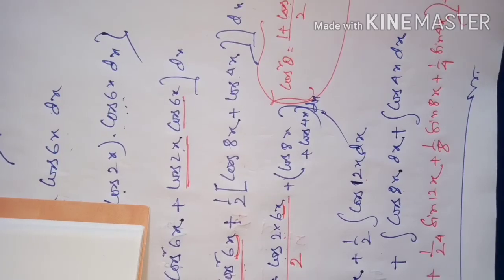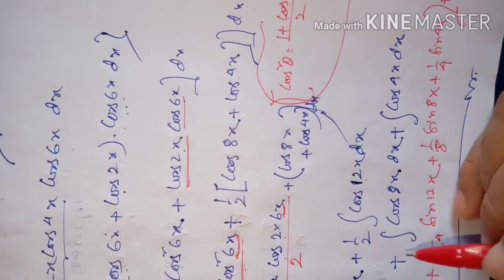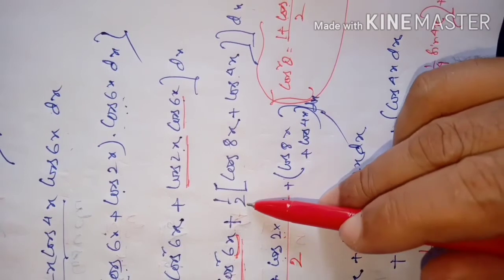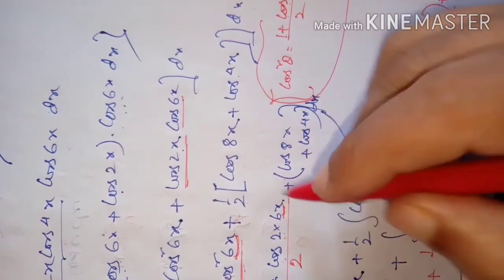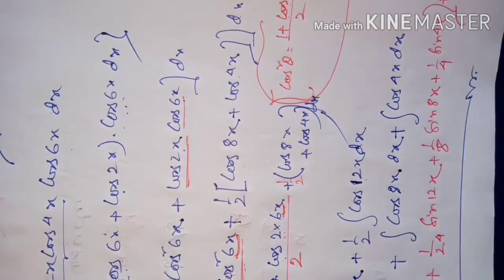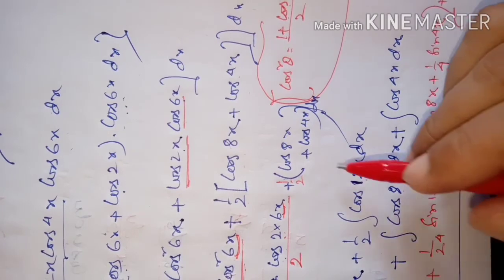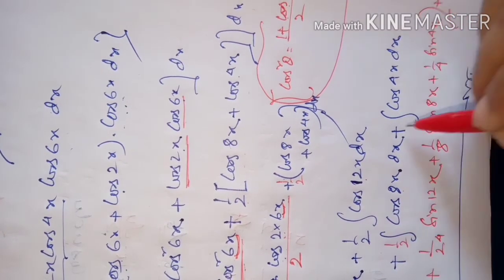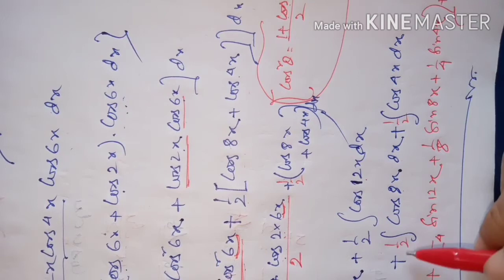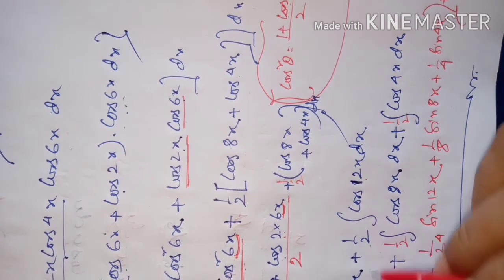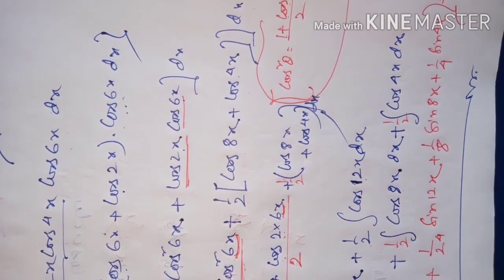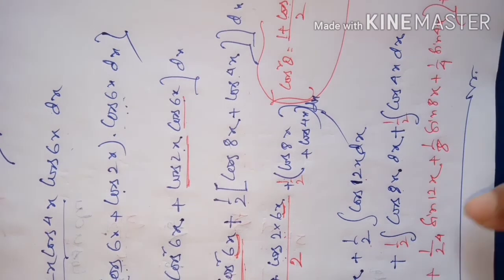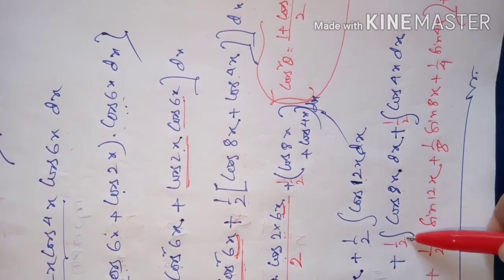Dear students, I forgot to write a half here. Just you see, this half into cos 8x. This half I forgot here, so that half will always remain. Again half here. So if we take this half, this half, and this half common, it will be 1 by 4. Or if we don't take common, then it will remain like this. This half will remain here also.